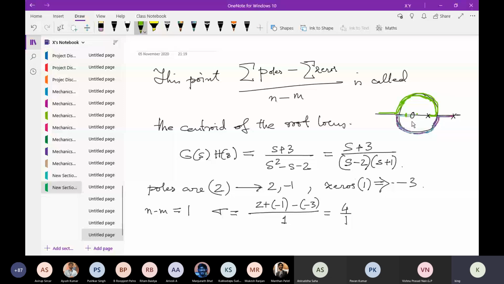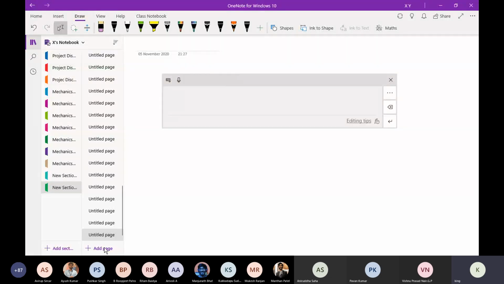But in this case it doesn't make much sense because your asymptotes are 180 degrees apart. But if you look at a more complex case, let us say something that is factorizable.